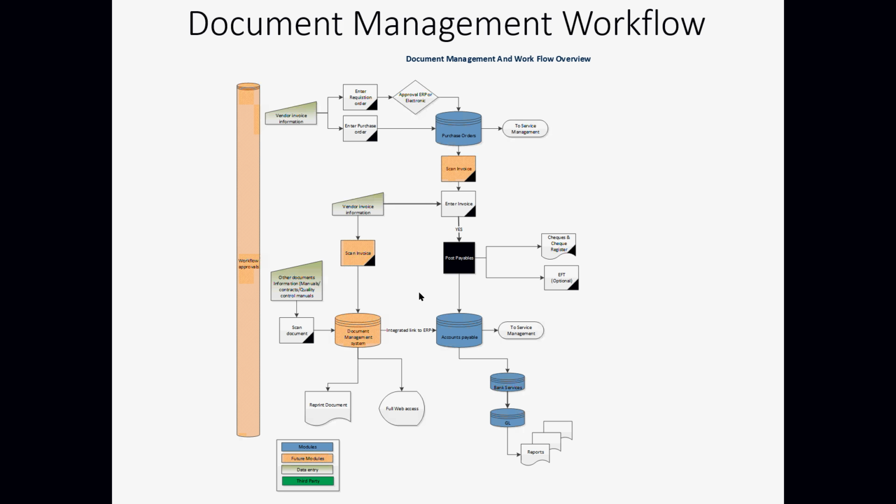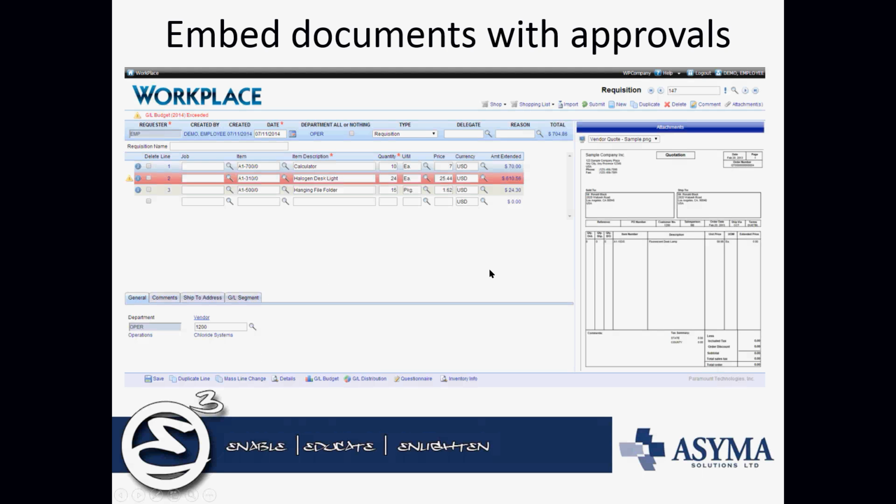What it does is it improves the ability for us to do the approvals, because we can see the actual original documents embedded in here without having to go back and have paper moving around. So let's go to the next one, and maybe this will get a little clearer. If we embedded a document, and we're in the approval process, we can see that we've actually got the vendor document included right with it.